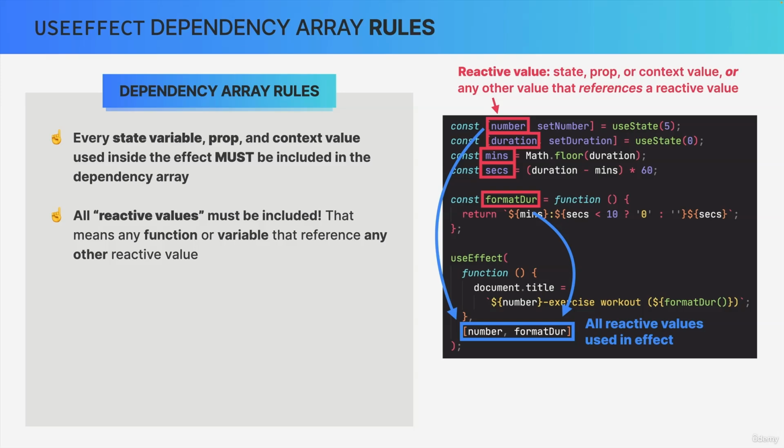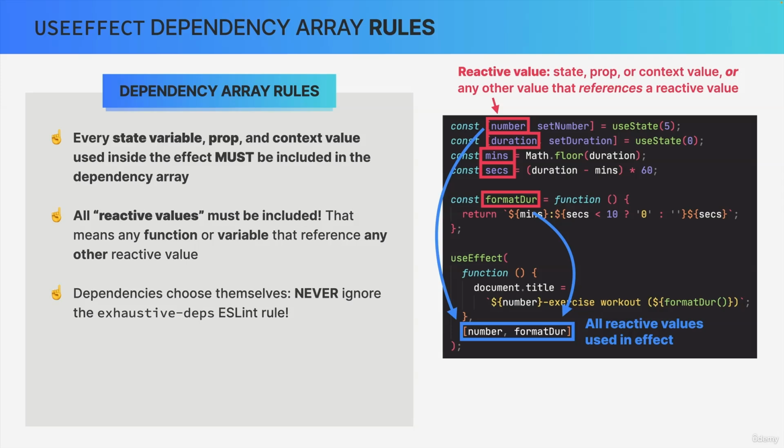Now, these two rules that we just learned about are pretty strict and tell us exactly what must be included in the dependency array. And so this means that basically the dependencies choose themselves, right? Because if we need to include all reactive values in the list, there's not much to think about.